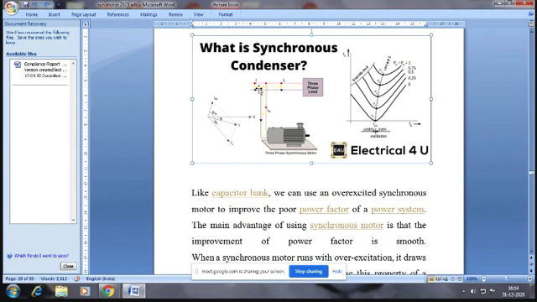And 3-phase supply is also given to a synchronous motor. Now I am operating this as a capacitive load. Understood? Yes, sir. How can I operate this as a capacitive load?